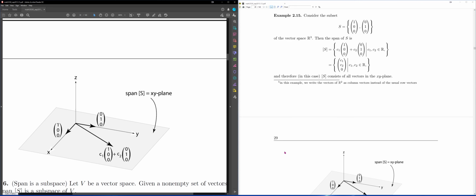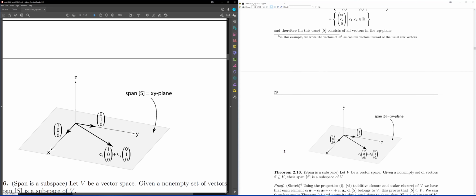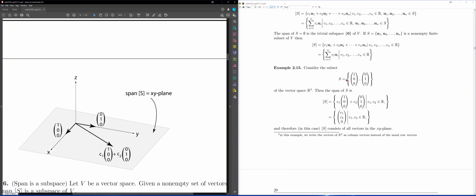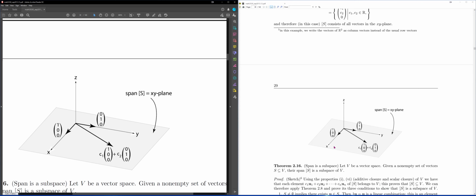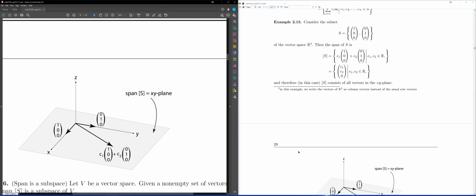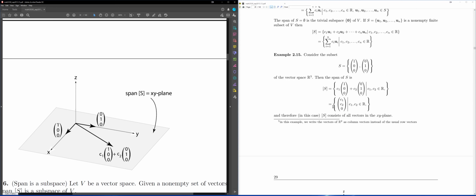The next thing we want to note is that if I have a set of vectors S belonging to my vector space and I take the span, the span is actually a subspace. For this example, my span was the xy plane, and you should know by now that the xy plane is a subspace of three-dimensional space.